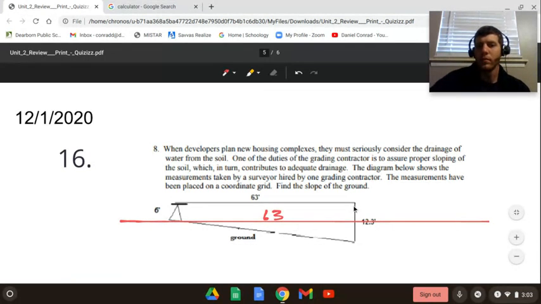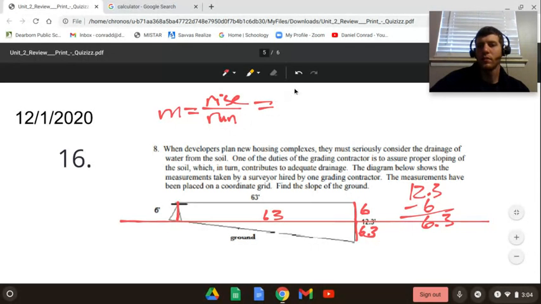The total height between the top of, where the surveyor is, who's 6 feet tall. Right, so this distance here is 6. So that means this distance here is 6. So we have to do 12.3 minus 6, which is 6.3. Right, that's going to be our rise. Our run is 63, so slope is rise over run.